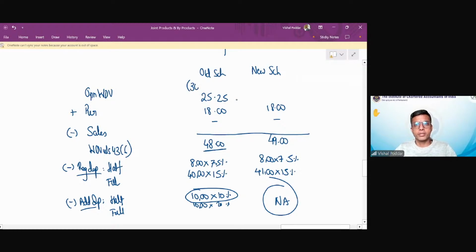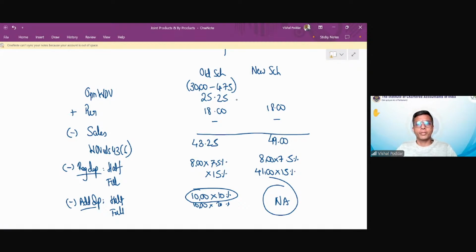So how did I get this? This is 30 lakhs, WDV of last year minus depreciation of last year. So this is 43.25, out of which I adjust 8.